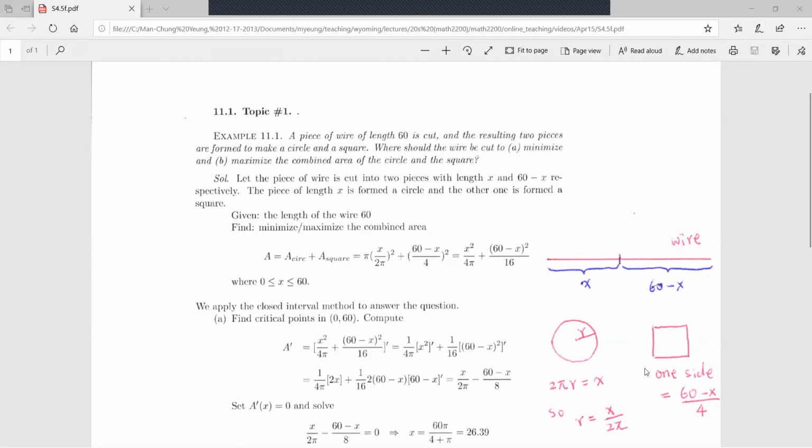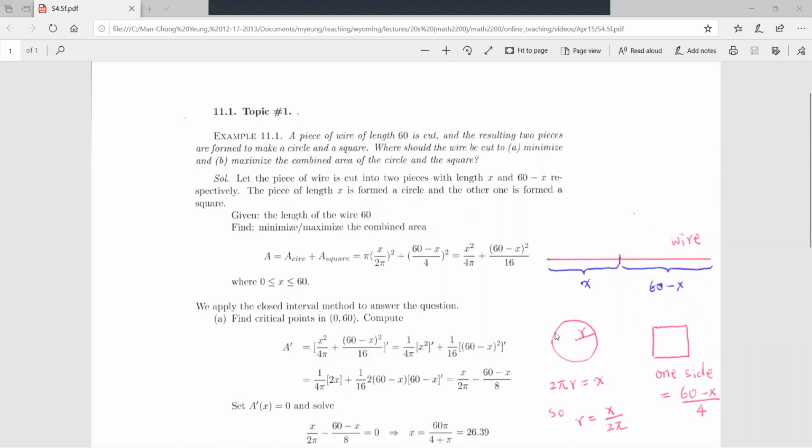Here is a diagram. This is the wire. We cut the wire somewhere, and I use X to denote the length of this piece. Then the other piece is 60 minus X. Suppose I use this piece to form a circle and the other piece to form a square.